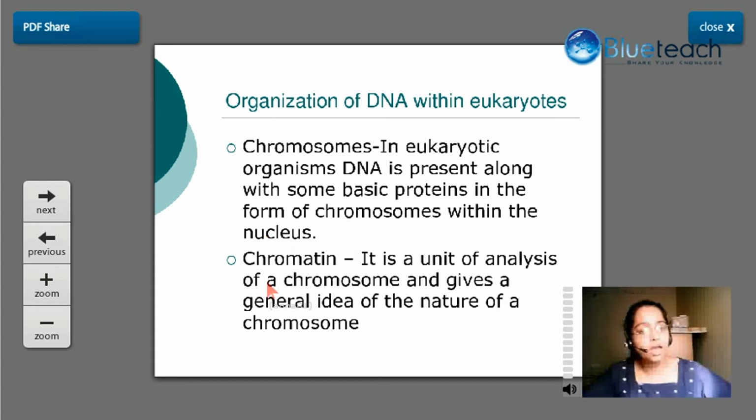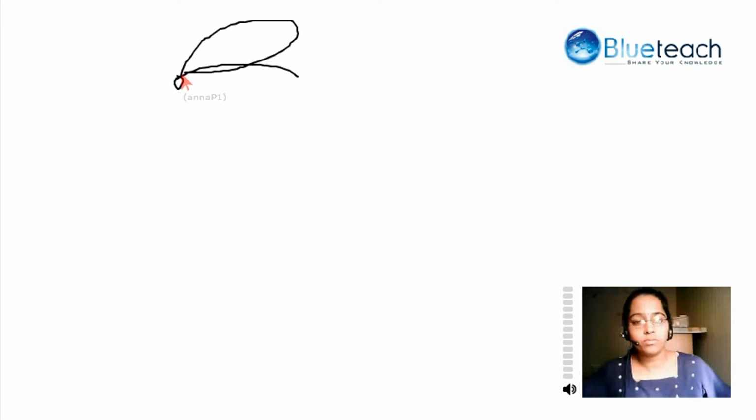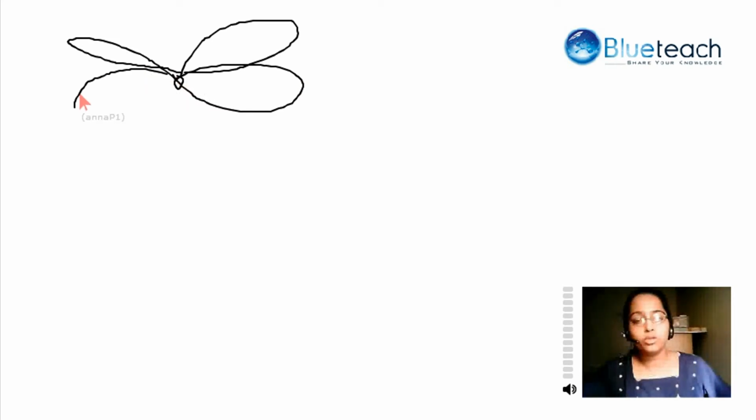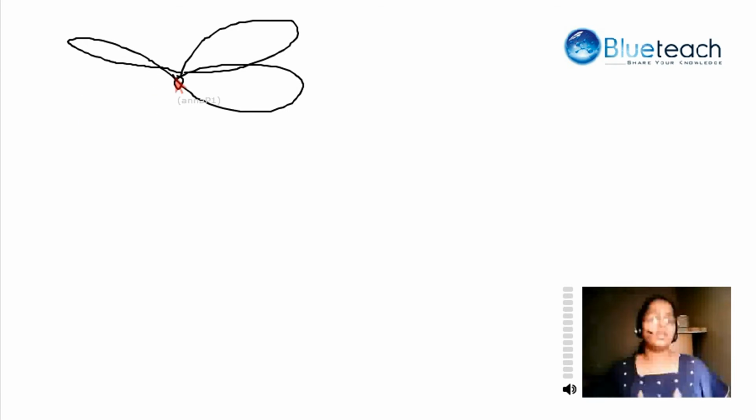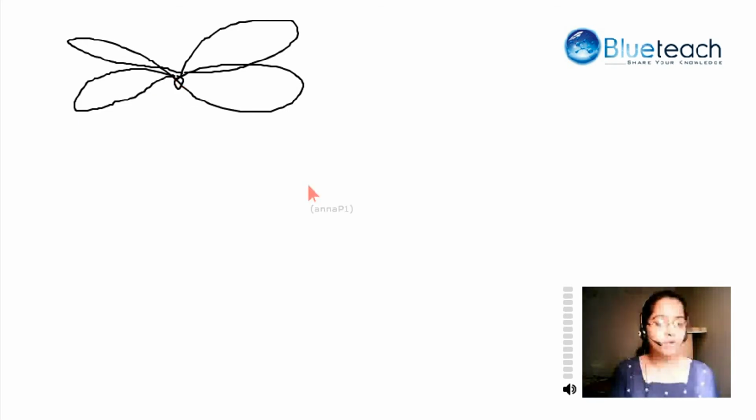Coming to chromatin, it is a unit of analysis of chromosome and gives a general idea about the nature of the chromosome. So the chromatin is nothing but a single unit of analysis. Say suppose we consider a chromosome, this is a chromosome during the mitosis stage, wherein the DNA has got replicated and sister chromatids have originated.